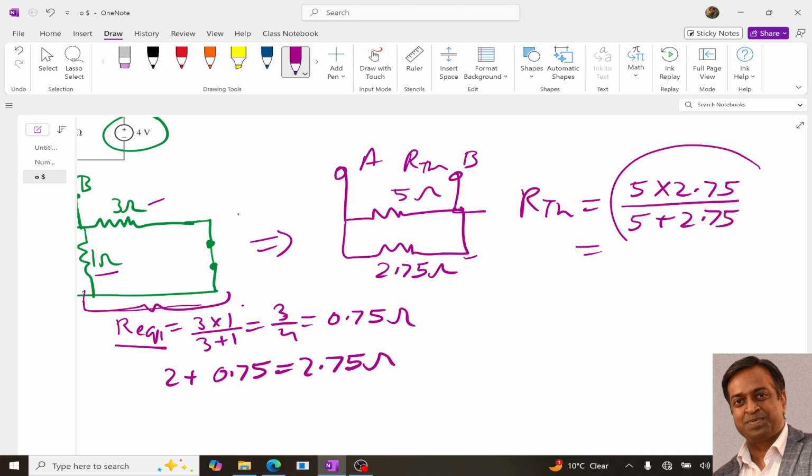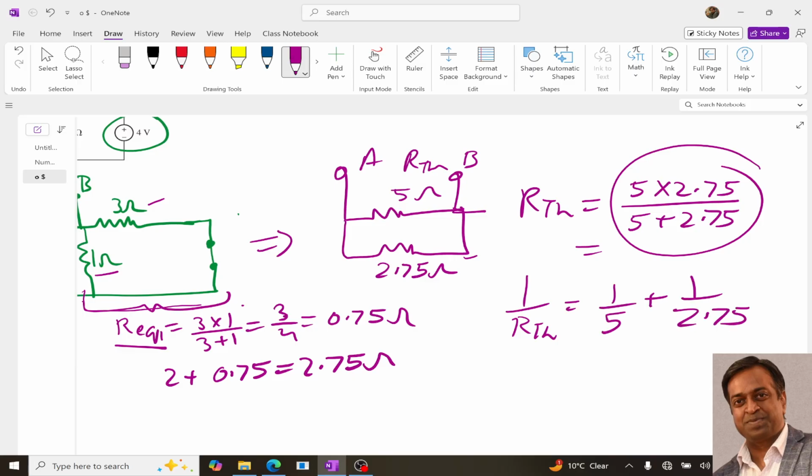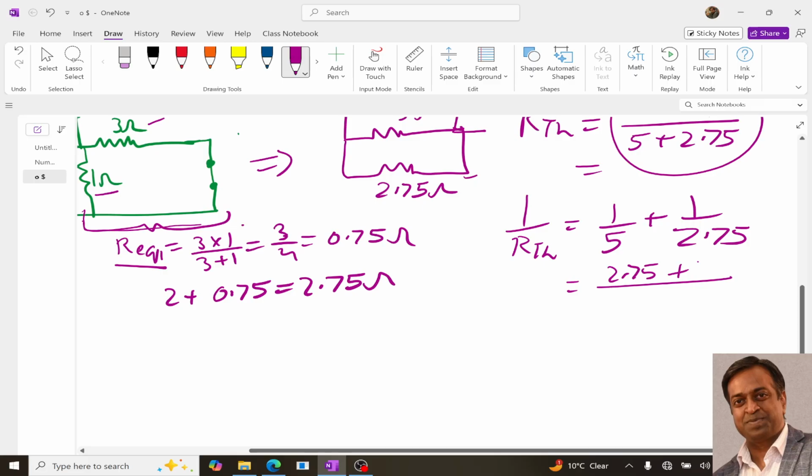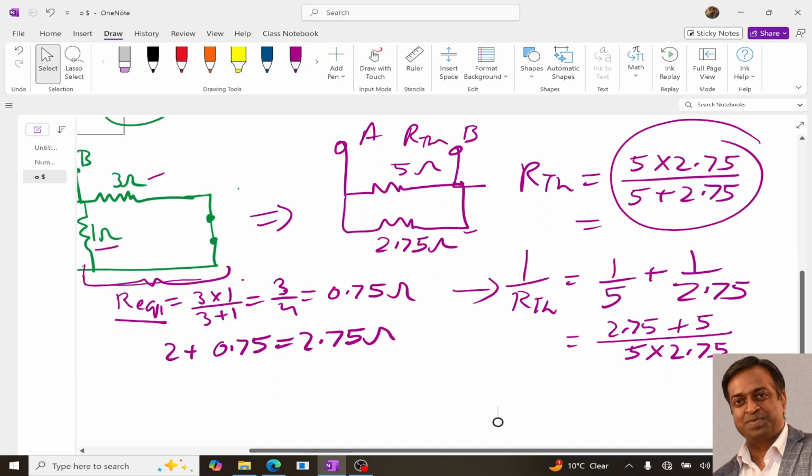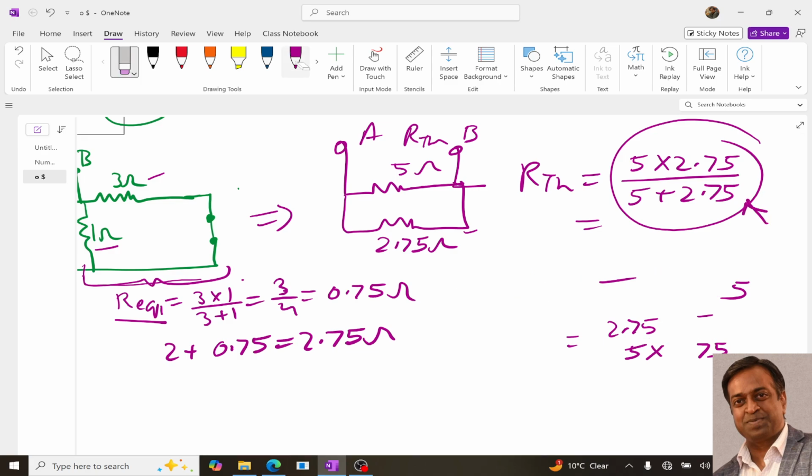It is simply this formula that I am using: since it is 1 upon RTH, if you take 2.75 plus 5, and the LCM is 5 into 2.75, and you simplify it, you will get this form.